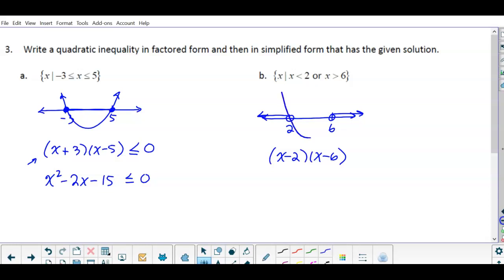If I graph it opening up, then it's for everything that's above the x-axis, so greater than 0. No equal sign because there's no equal sign in our solution set. And so then expand it out.